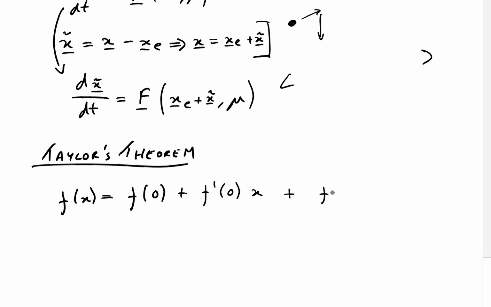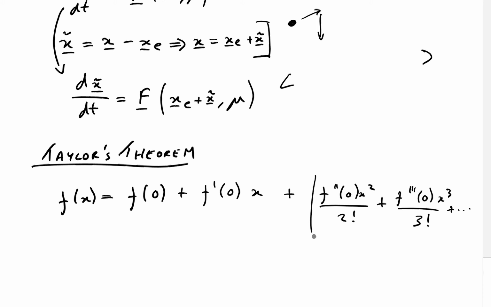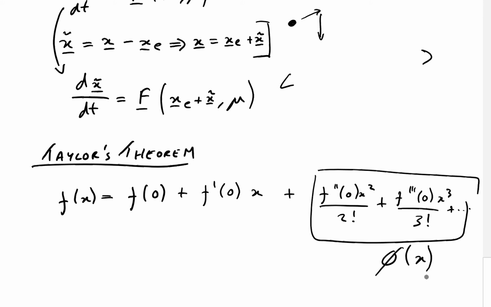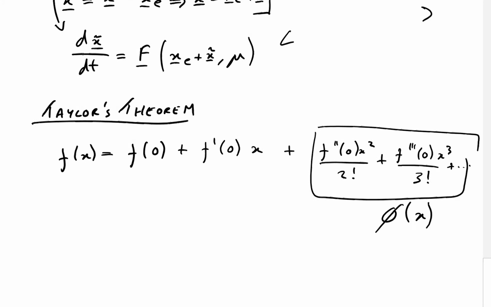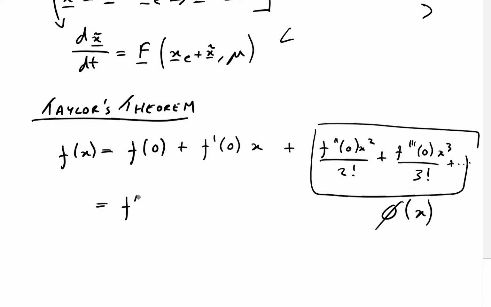So it's going to be f double dash of 0, x squared over 2 factorial, plus f triple dash of 0, x cubed over 3 factorial, etc. I'm just going to represent all of those higher order terms by something I'll call phi of x. So essentially I can write it as f of 0 plus f dash of 0 times x plus this thing, which is the higher order terms.